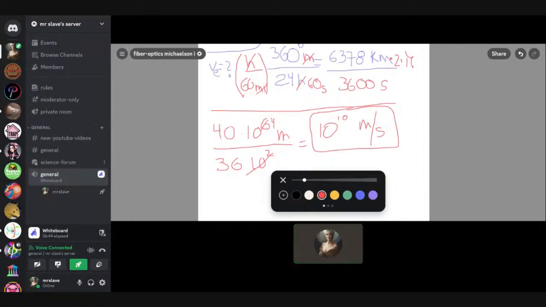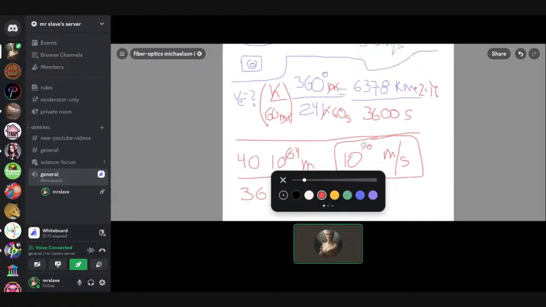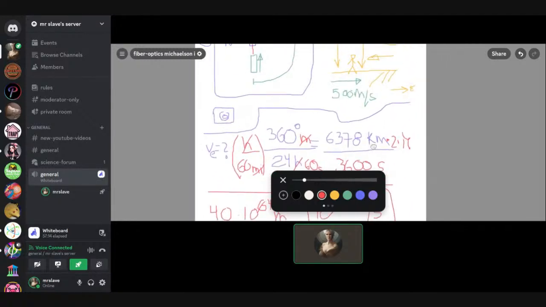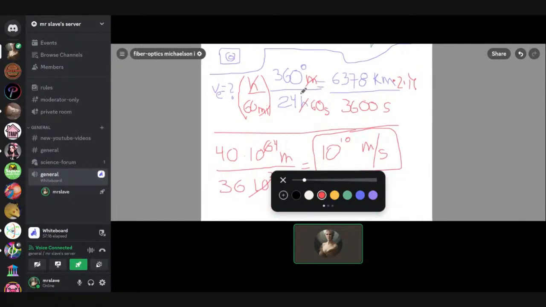It's faster than the speed of light. 10 to the 8th is the speed of light. So we're rotating faster than the speed of light. That's good. Always a good day when you discover that you're moving faster than the speed of light. All right. Well, where did we go wrong?